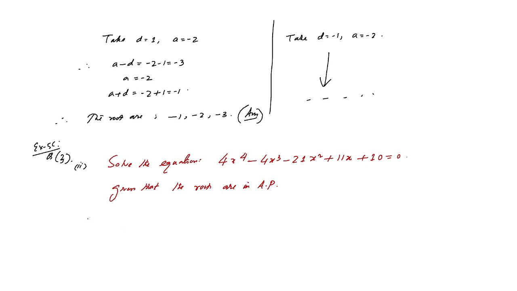So what can we take as the roots? So how to solve? The solution. Given equation is 4x to the power 4 minus 4x cube minus 21x square plus 11x plus 10 equals 0. Equation of degree 4.